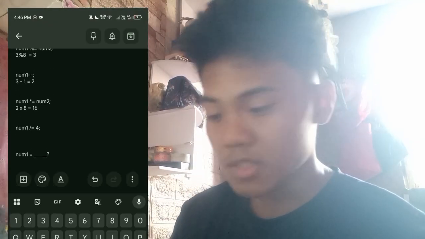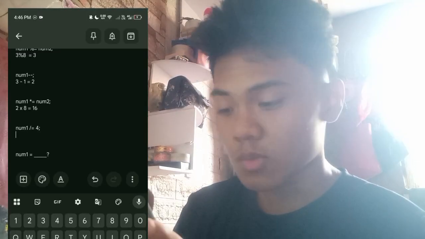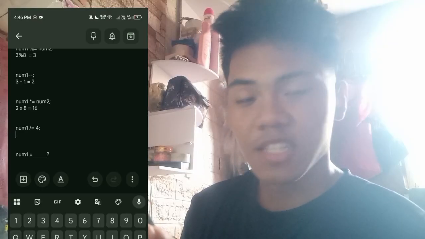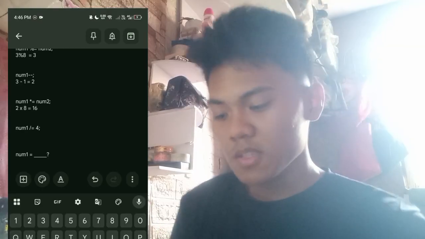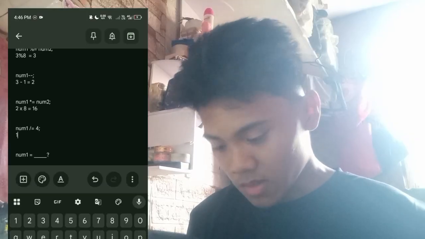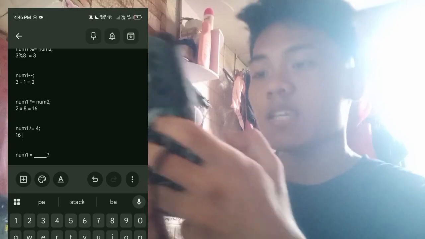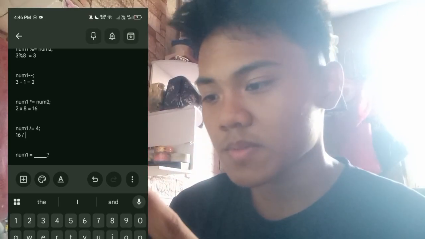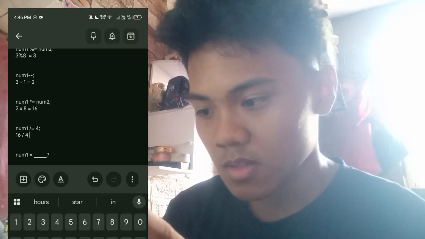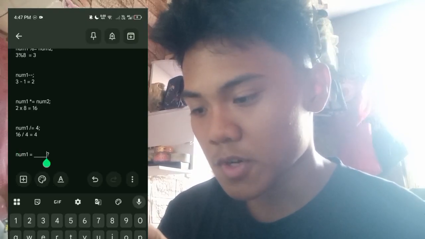So the actual final answer will be 2 times 8 equals 16, and we have another slash equals 4 now. Again, this just means you will divide num1 by 4. Basically, you put the num1 value here now, which is 16, divided by 4.